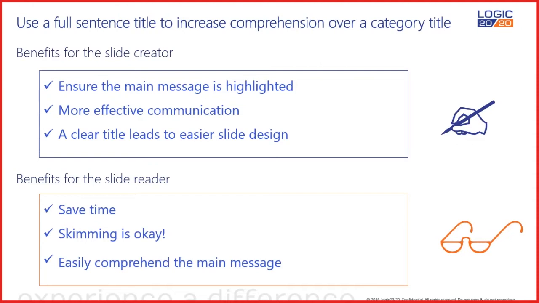It's going to lead to saving time for you and for the reader on those very many occasions where a slide is going to be skimmed and not fully consumed. This is your opportunity to land the points you want to make. And this is all about establishing an effective story arc. It's going to be a lot easier to do that as we look at a couple examples here.